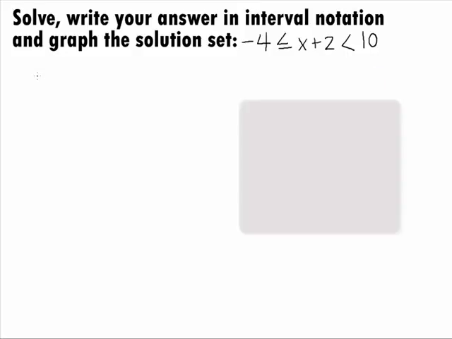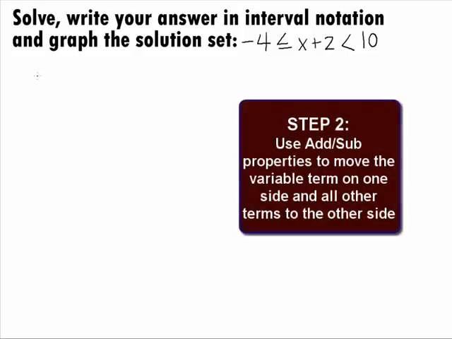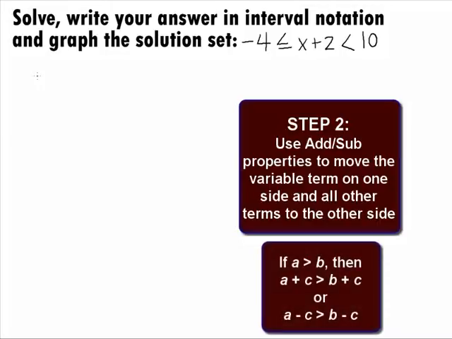In step 2, we want to use the addition and subtraction properties of inequalities to move the variable term on one side and all other terms to the other side. When we add or subtract the same thing to both sides of an inequality, the inequality does not change.